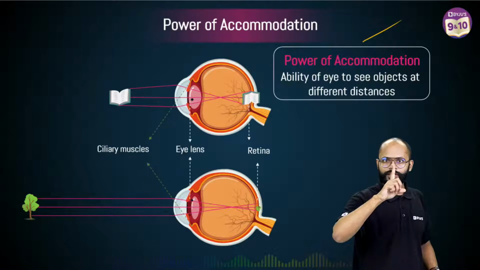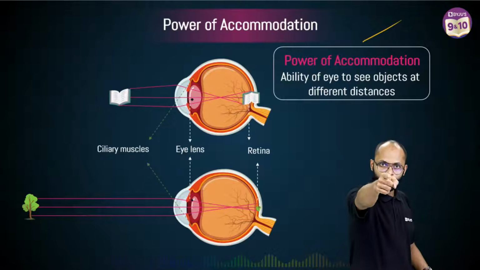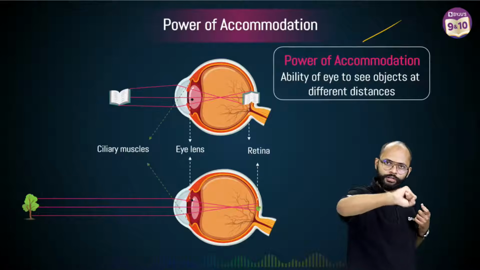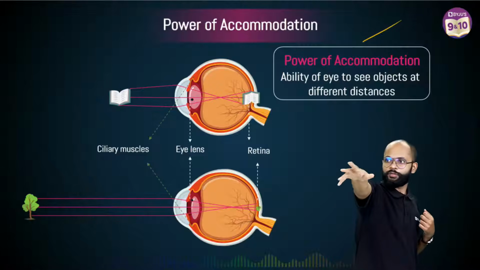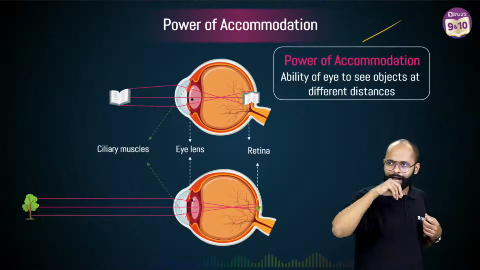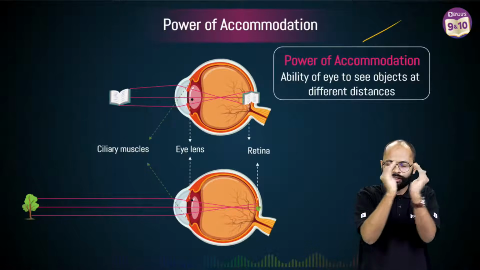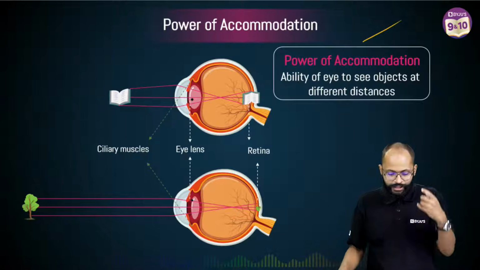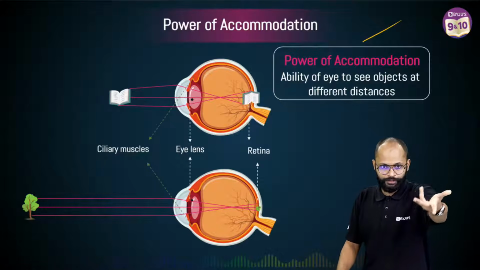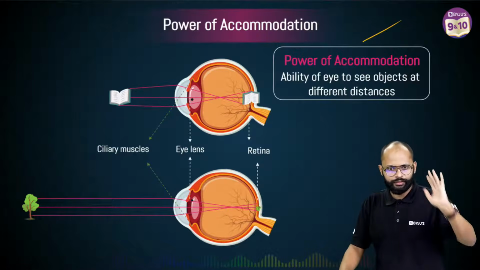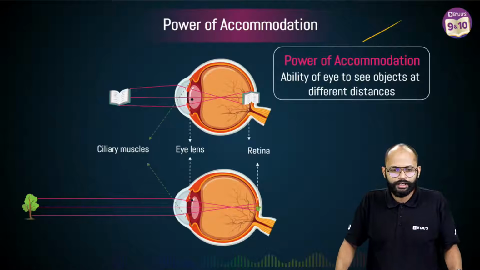You are able to see this finger near also. I am able to see you, I mean the camera over there also, right? I am able to see backside also, here. So, my eye is changing the focus. The lens is going thick, thin, changing the focus, right? This is what we call the power of accommodation. Focal length changes, correct? Right?